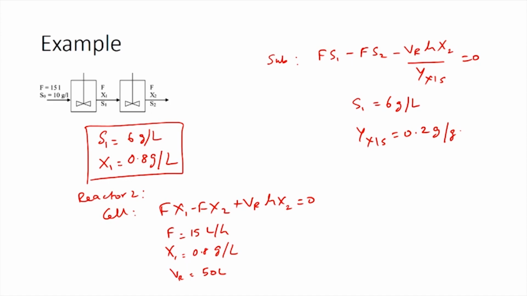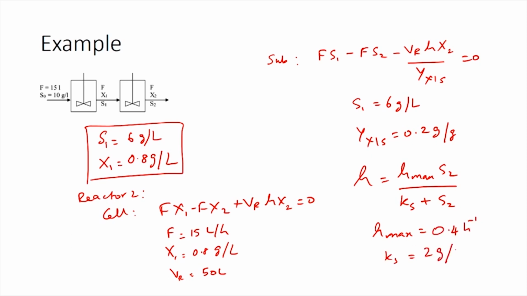We can also calculate mu from Monod's equation, which would be mu max S2 divided by Ks plus S2, where mu max is given as 0.4 hour inverse and Ks is given as 2 grams per liter. So, now that we have all the parameters, we just have nonlinear equations that need to be solved simultaneously. By solving these nonlinear equations, we will be able to get the values for the biomass concentration which will be leaving the system.